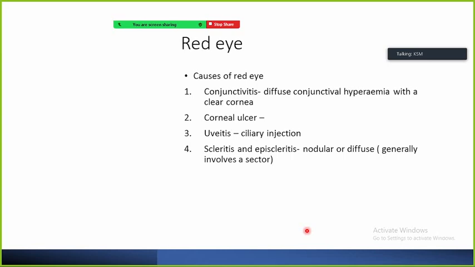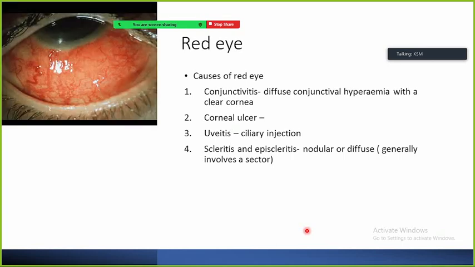Scleritis or episcleritis, we just visited the anatomy. It's the outer part of the eyeball where there is a nodular or diffuse inflammation. It might be in the whole area, the front or the back, or some sector. This is diffuse anterior scleritis. The whole area is red. It's not just the fornix, it's not just surrounding the cornea, the whole thing is.